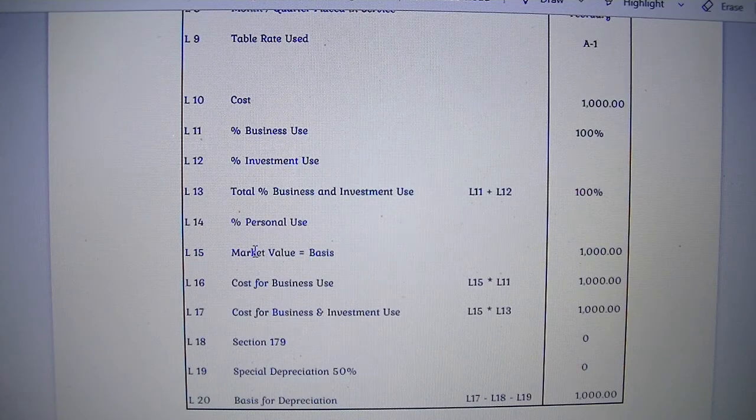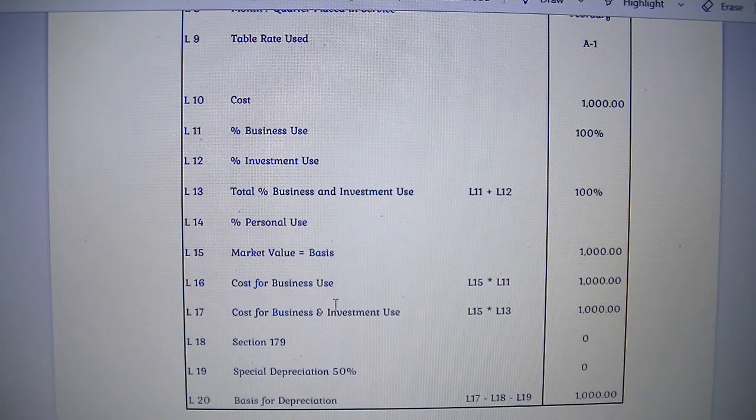It could be the price somebody would be willing to purchase it from you, and a lot of times it will be the lesser of the market value and the purchase price. So you compare both, whichever is the least amount is what you will start with.